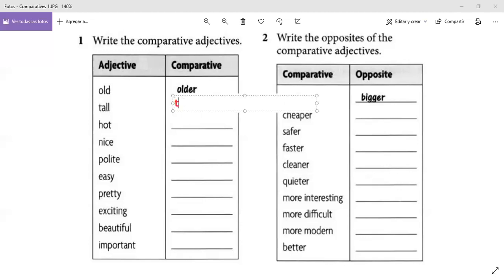Okay, thank you so much. It is taller. Very good. What about hot? Hot. Gerardo, what is the comparative of hot?